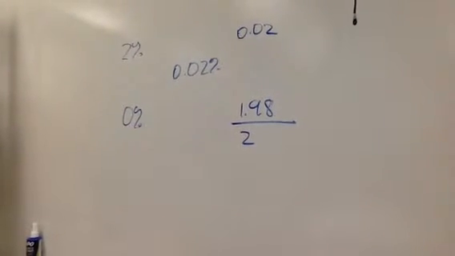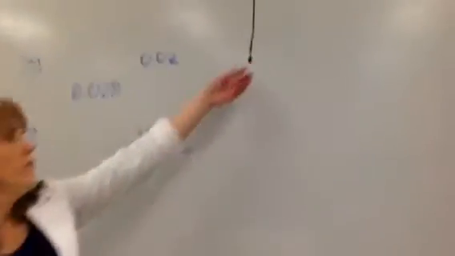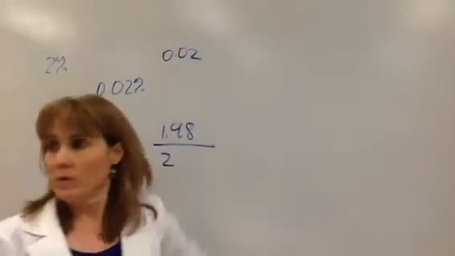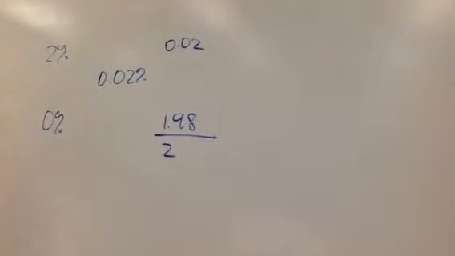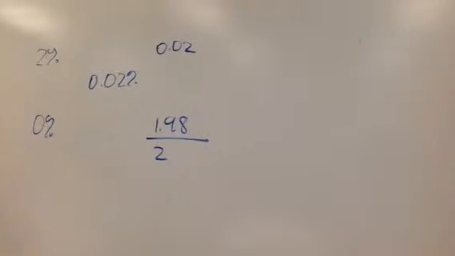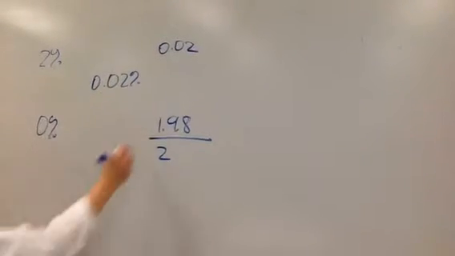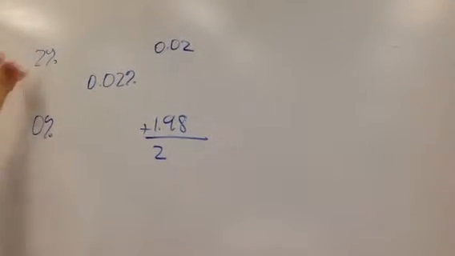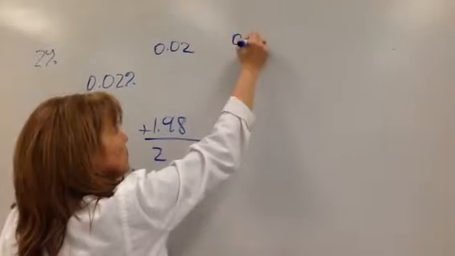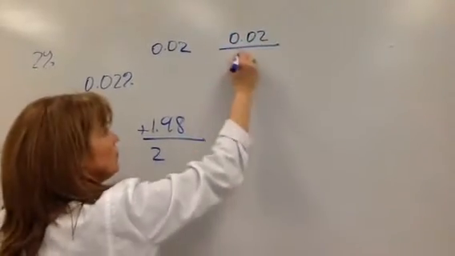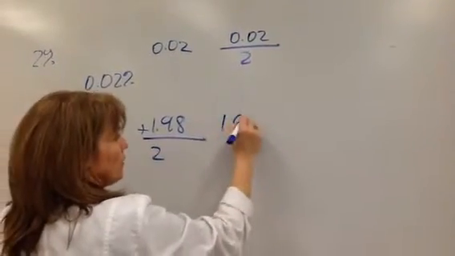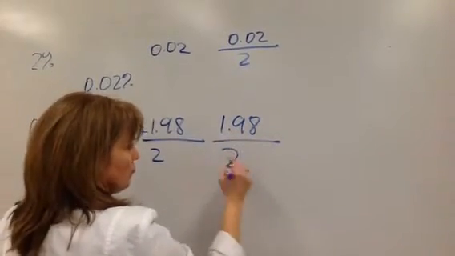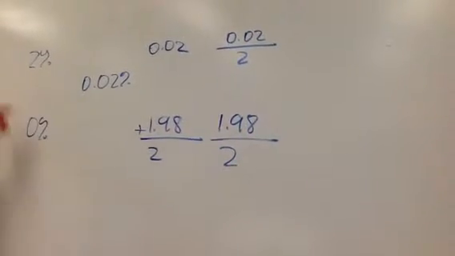Okay. Mary Ann, what do I do next? Okay, so you have these 2 added up here. You come up with the proportions of each one of these products. So 0.02 over 2 and 1.98 over 2. These are the proportions of each one of your stocks.